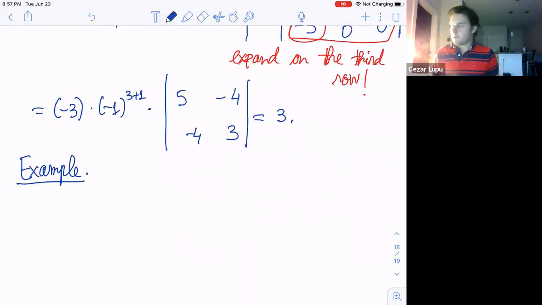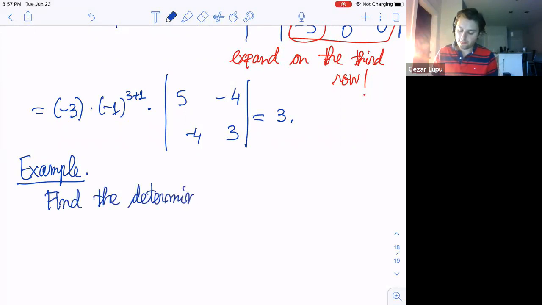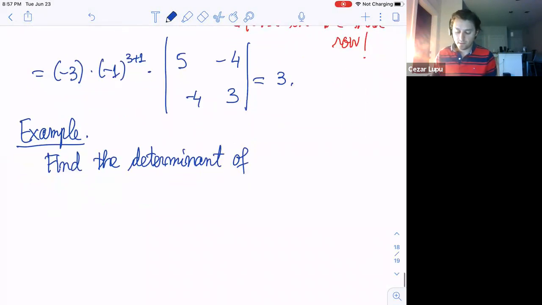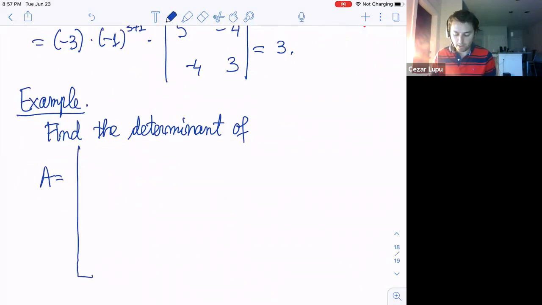All right, another example. We want to find the determinant of the following matrix. Man, this is a big one. Oh my.